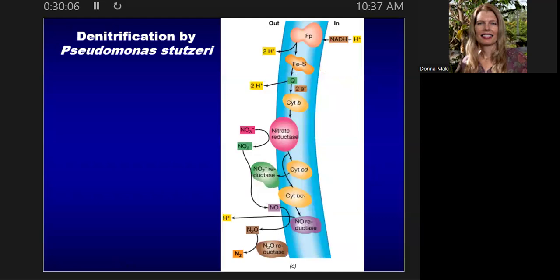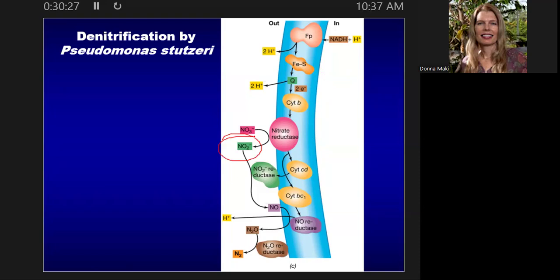here is an example of a more complex electron transport chain process. So what we just looked at in the previous one stopped right here, where you had nitrite being made. And then that got excreted by that microbe in that previous example. Here you're seeing this particular one said, well, I'm not going to excrete that.